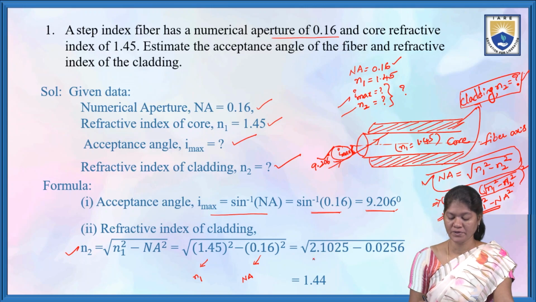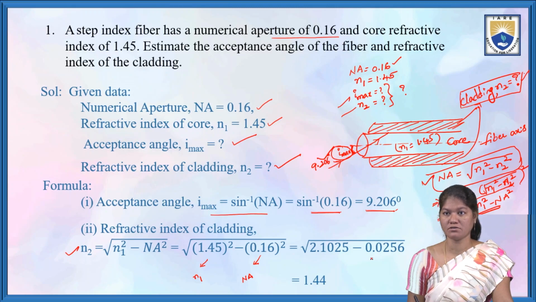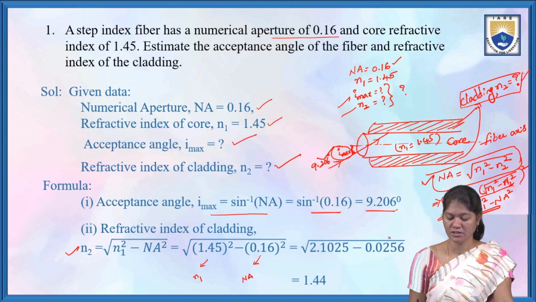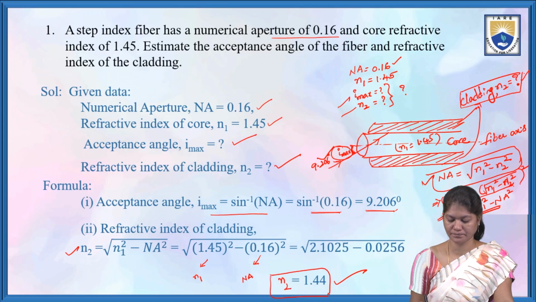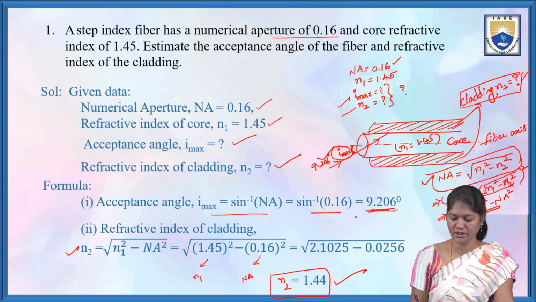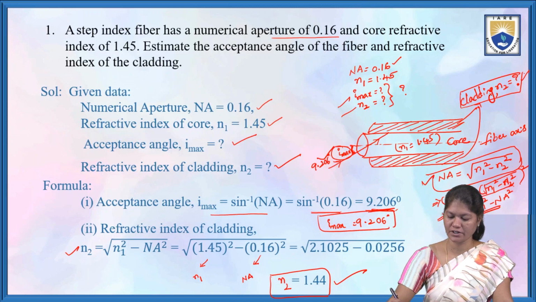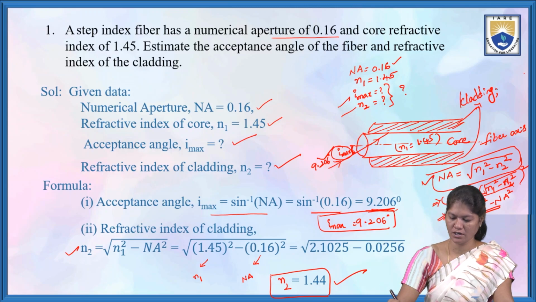So root of 2.1025 minus 0.0256, the value is 1.44. So this is the refractive index of cladding, N2 equal to 1.44, and i maximum is equal to 9.206 degrees. So we found these two.